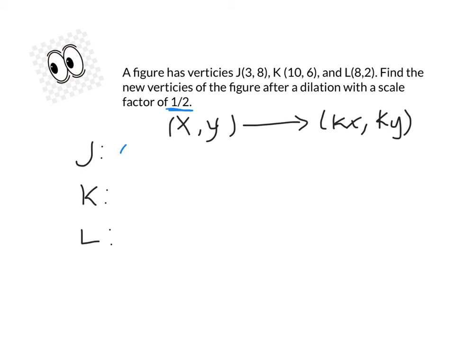So J starts at (3, 8). And to dilate it, or multiply by the scale factor, I'm going to take 1/2 times my x, and then 1/2 times my y.